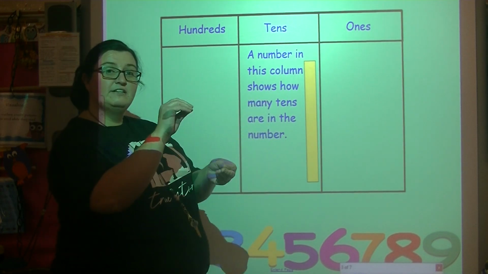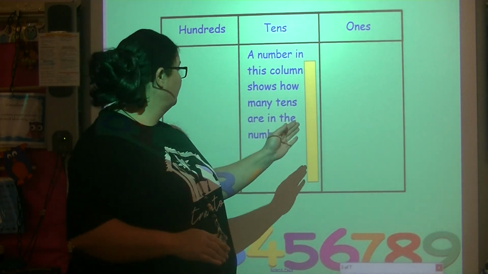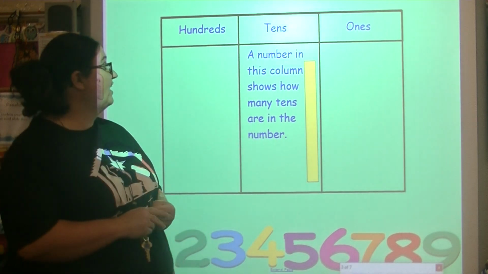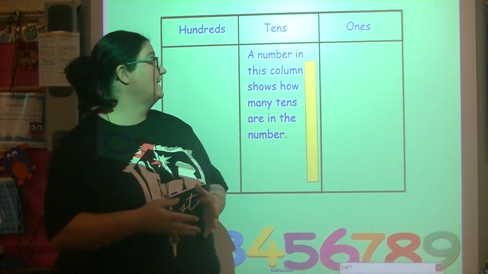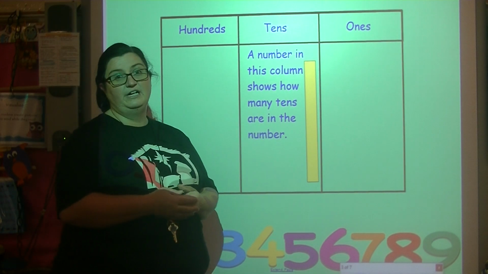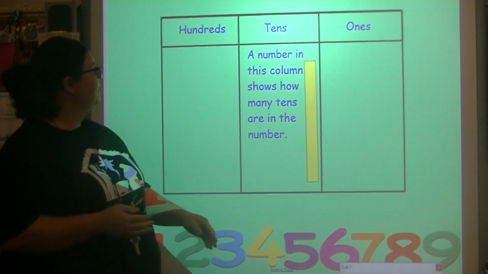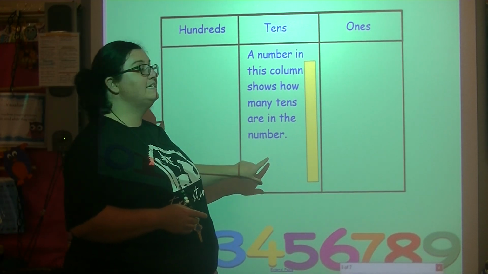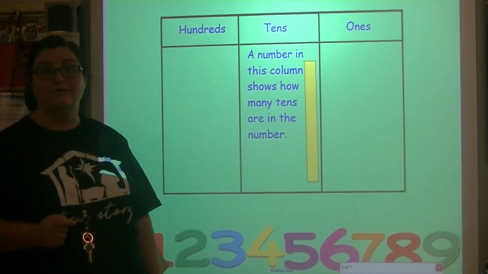So when we get 10 of the little cubes, we put them together and make a tall 10. We can count those by tens. A number in this column shows how many tens are in the number. We can have 9 of those in there.